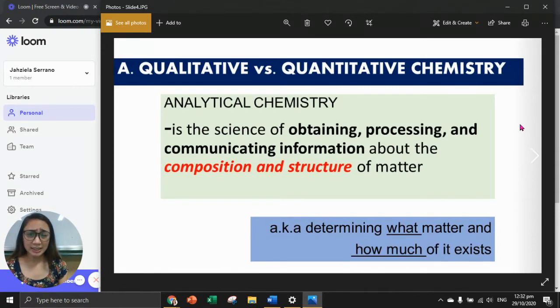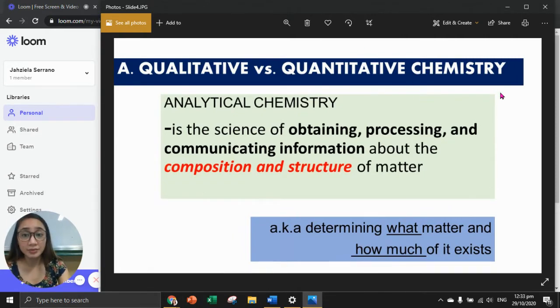Analytical chemistry is the science of obtaining, processing, and communicating information about the composition and structure of matter. Also known as determining what matter and how much of it exists. Last semester, we focused mainly on the qualitative side. And this semester, we'll be focusing on quantitative chemistry.